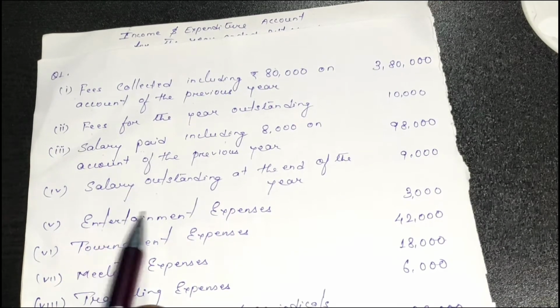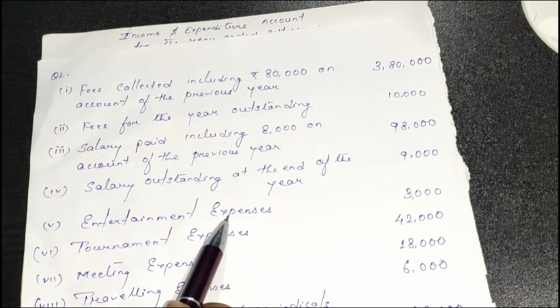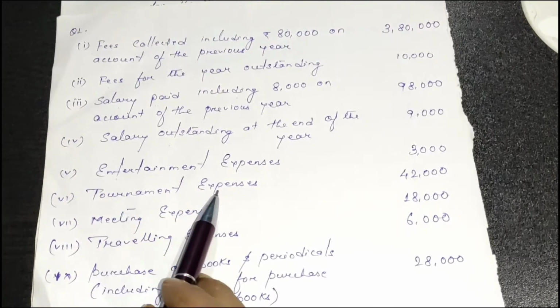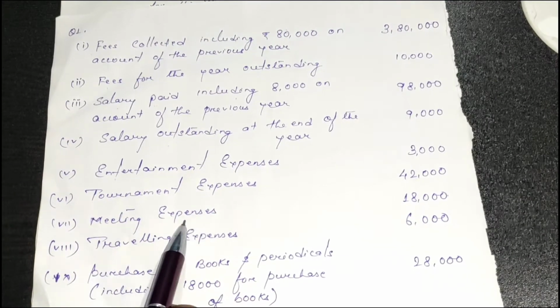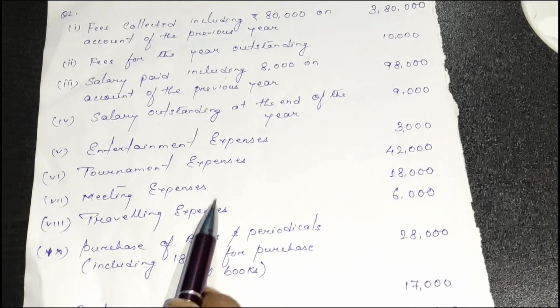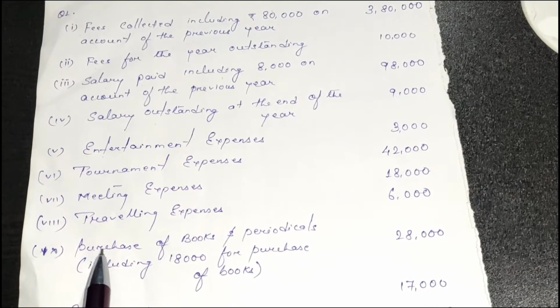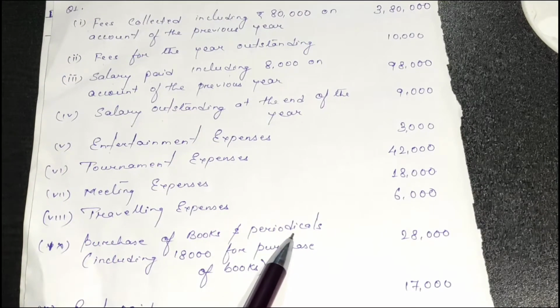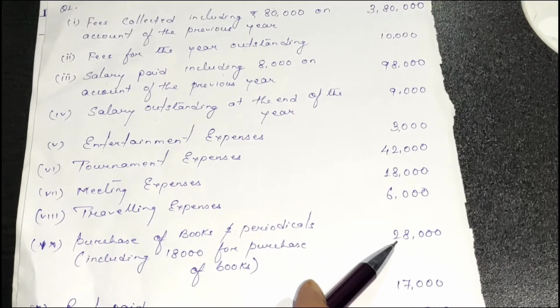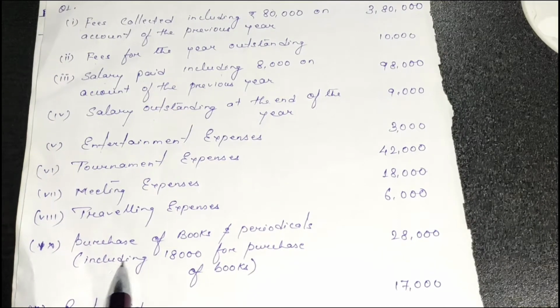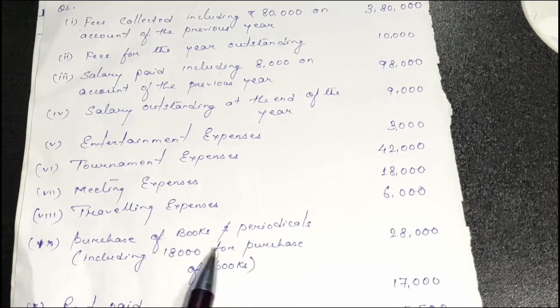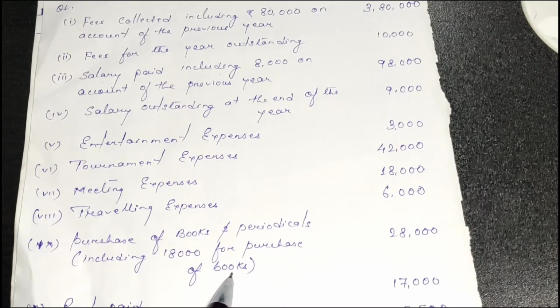Then entertainment expenses, the name itself is telling you it's an expenditure. Tournament expenses, expenditure. Meeting expenses, expenditure. Traveling expenses, expenditure. Now you see, purchase of books and periodicals, total value is 28,000. Something is mentioned here, including 18,000 for books purchased. Now be careful, books is an asset.